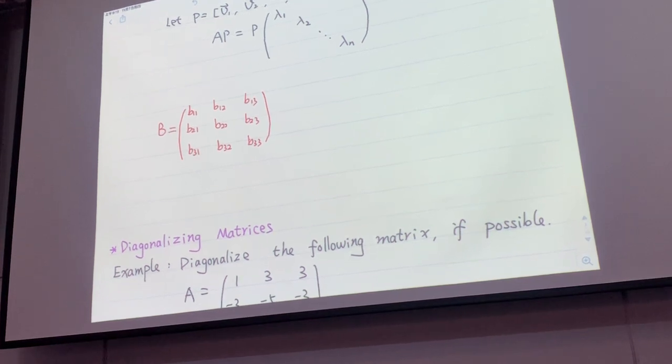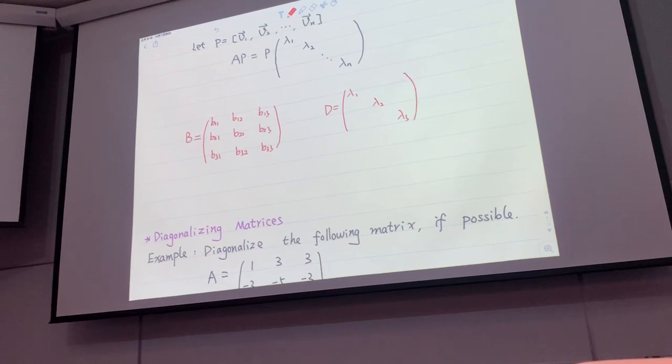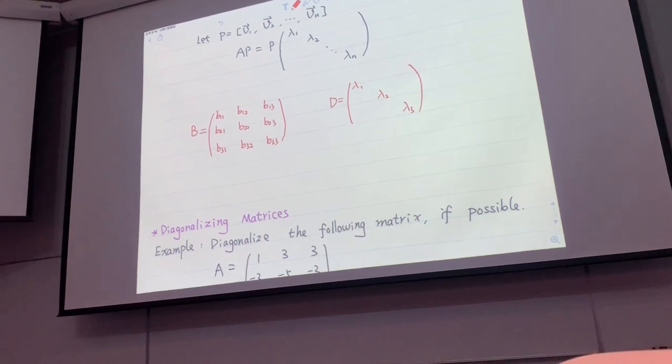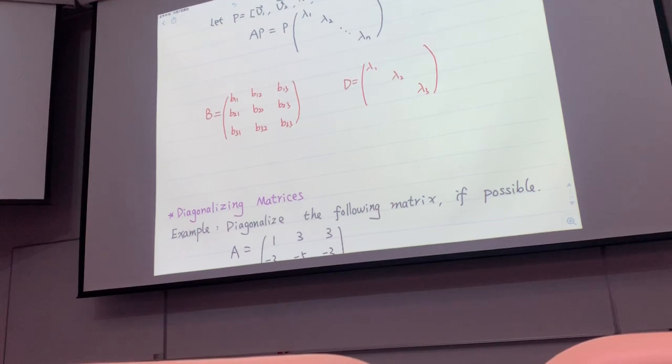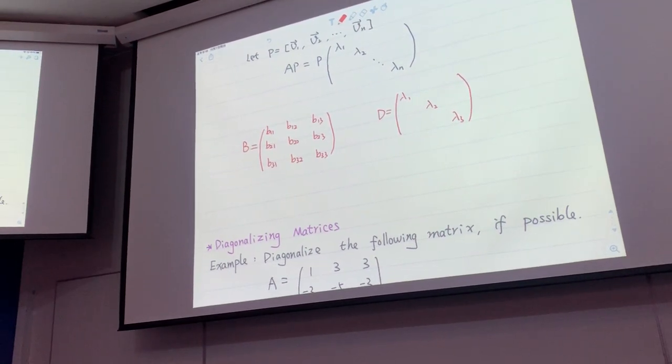And I give you a diagonal matrix, maybe lambda 1, lambda 2, lambda 3. With this example, I just want to show you the difference between B times D and D times B. Then you will see why I do it this way.